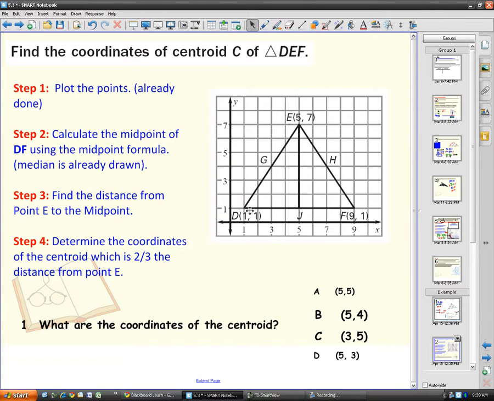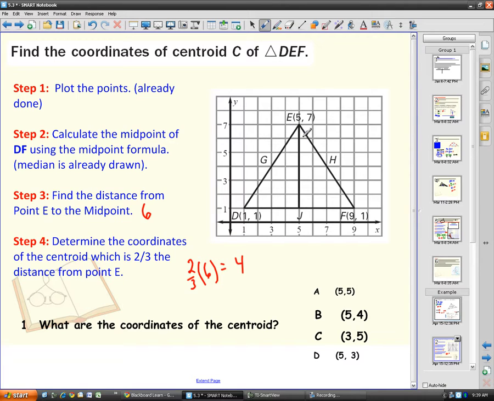Find the distance from E to J in this case, and so that's another vertical line, so we can just count 1, 2, 3, 4, 5, 6. So the distance from E to J is 6 units, and if I take 2/3 of that, it will give me where my centroid is. 2/3 of 6 ends up being 4, and again if I count down 4, 1, 2, 3, 4 from E, there is where my centroid is.